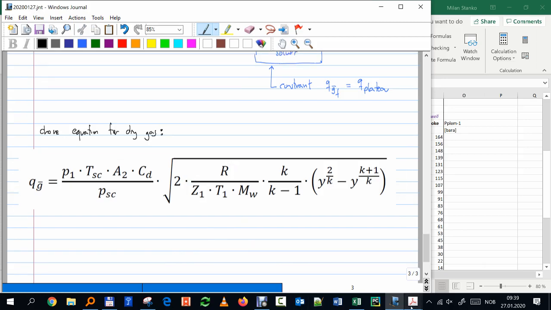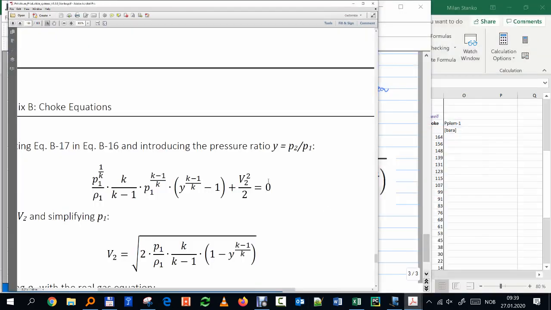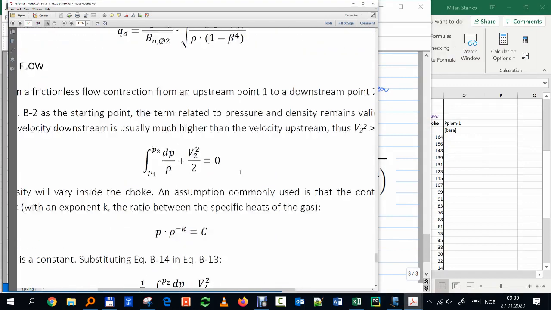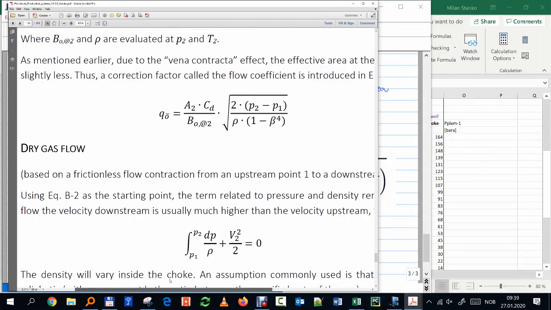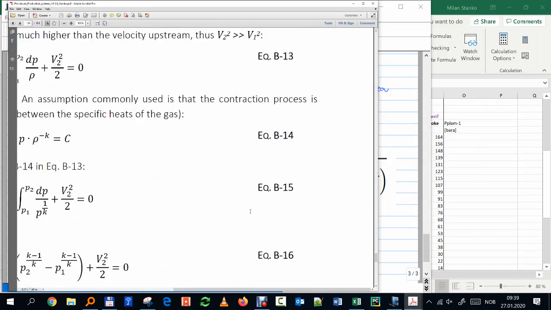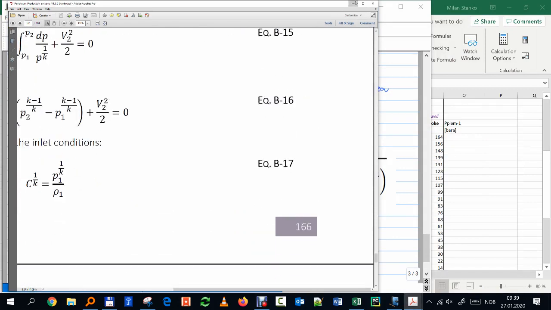For example, for dry gas, and here we have the whole derivation. If you want to see it, if you're bored one day, it's on page 166 of the compendium.